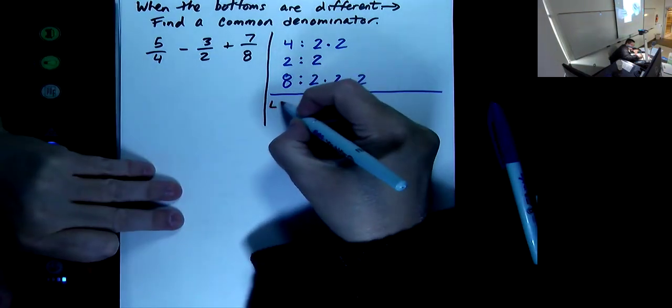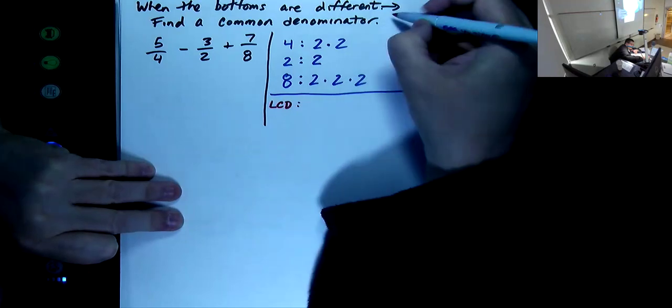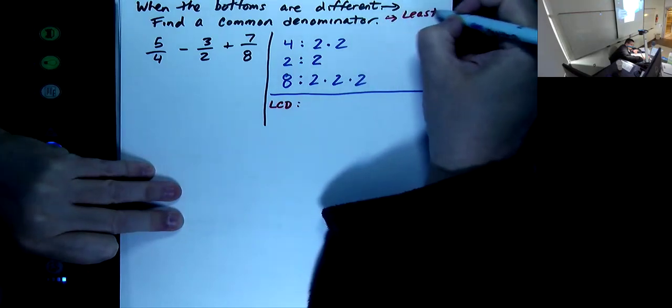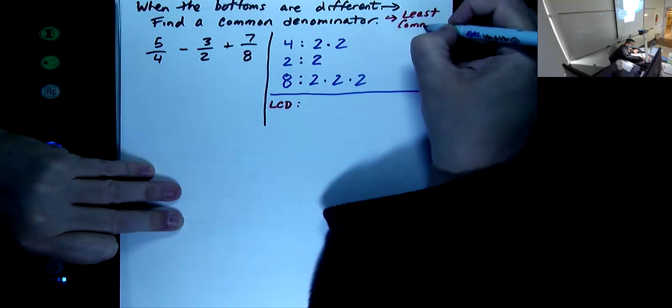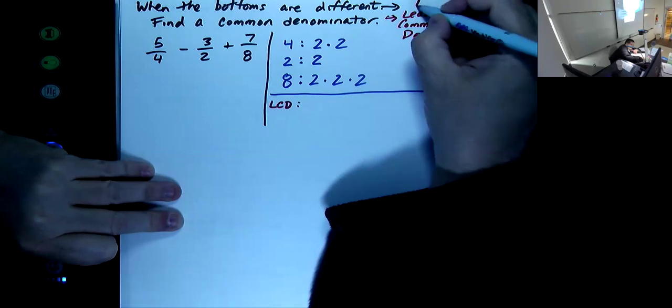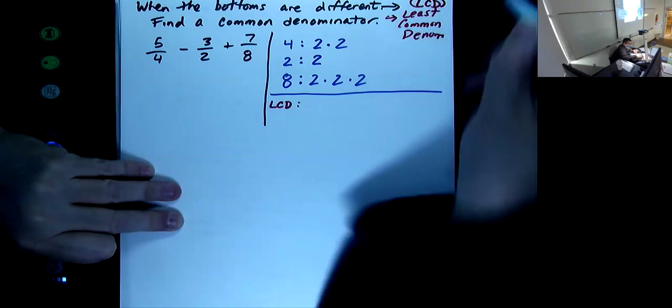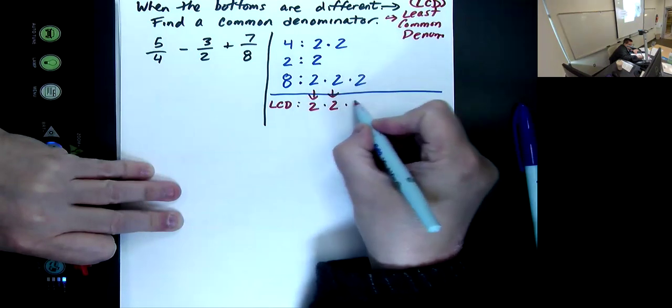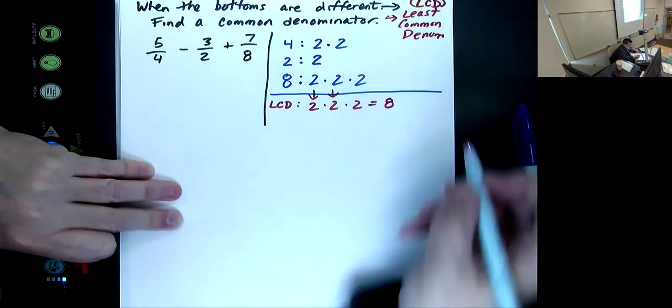So the LCD, least common denominator or lowest common denominator, it's called the LCD. Pull 1 from each column. This is 8.